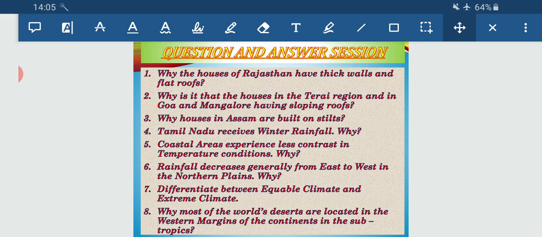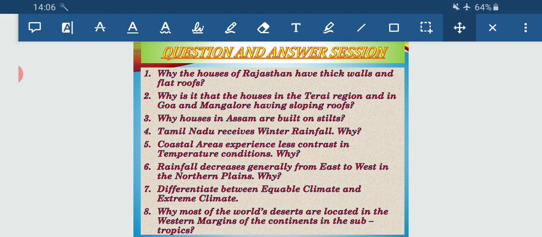And the third point of difference: why do they get the equable climate? Because there is a continuous influence of the two local breezes, that is the land breeze and the sea breeze. And why is there an extreme type of climatic variation? Because there is a seasonal influence of the monsoonal winds, whether moisture laden winds or dry winds.